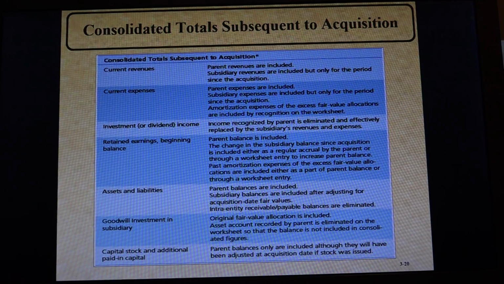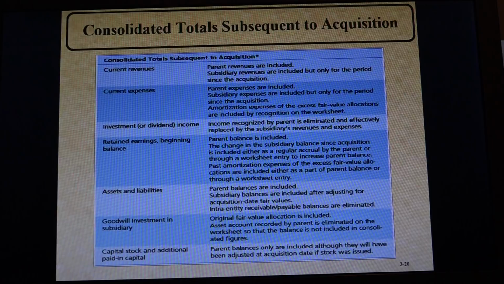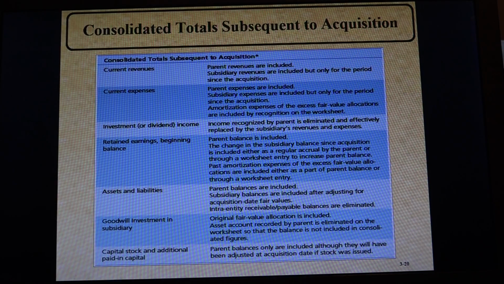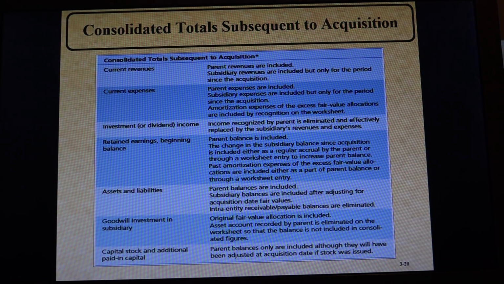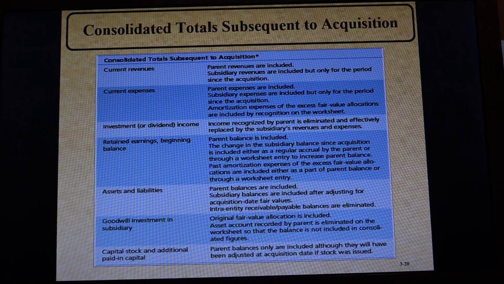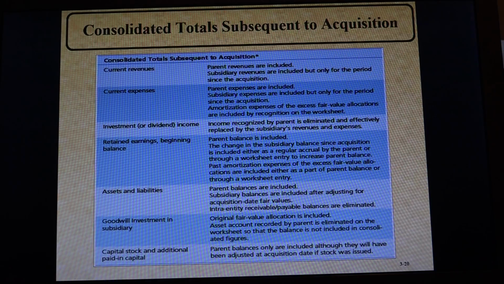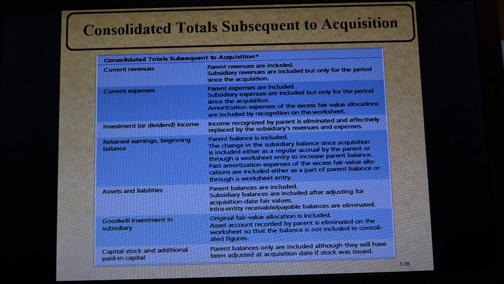Now, I would urge you to look at Exhibit 3.6 and Exhibit 3.7, because what this does is it gives you an idea of what happens with the passage of time.